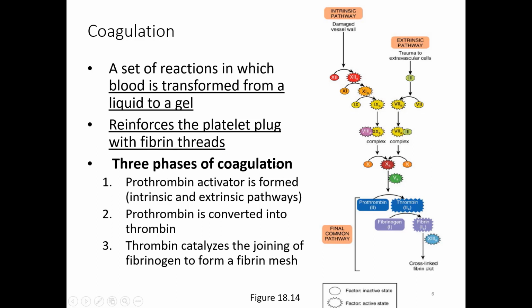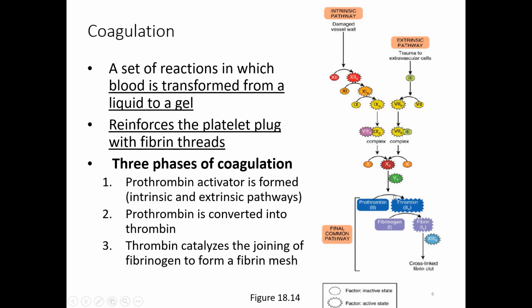There are 3 phases of coagulation. First, prothrombin, which we always have in the blood, is turned into thrombin. Thrombin converts fibrinogen into fibrin, and finally the fibrin mesh is formed and stops bleeding.